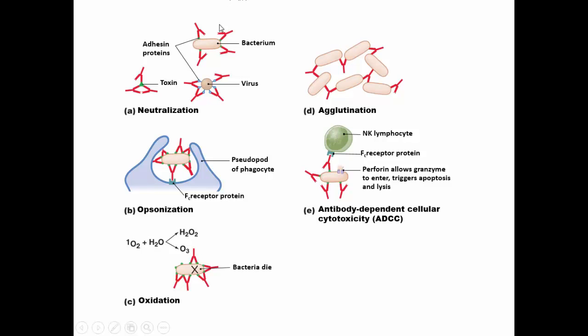So as we look at some of these types of things, neutralization, we block it up so that it can't be effective. We enhance phagocytosis by making it easier for the phagocytic cell to find it. We may actually kill it outright by causing oxidizing agents to kill the cell.